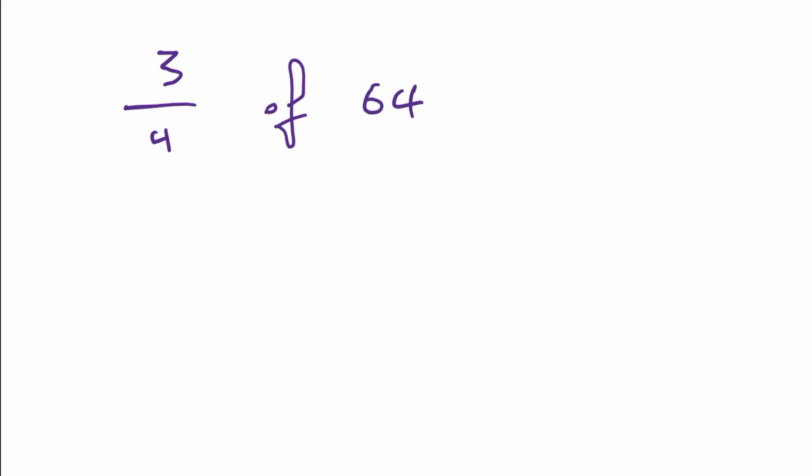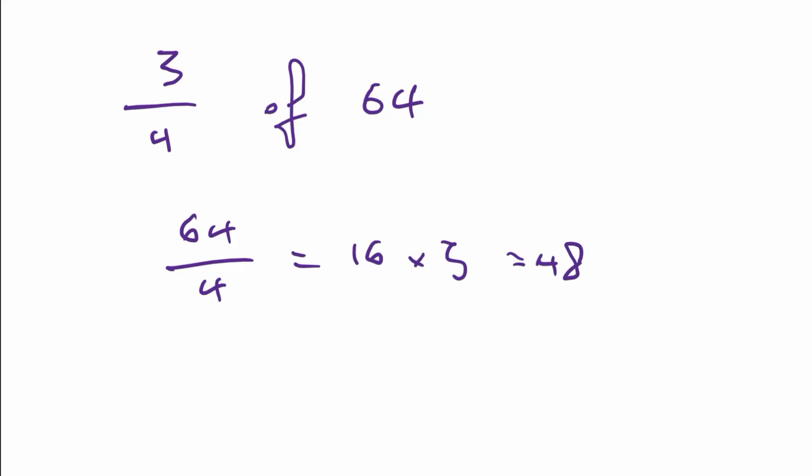Okay, so there are 2 parts to this, the part with the 3 and the part with the 4. Let's do the part with the 4 first. We can divide by 4. So let's do that. 64 divided by 4, well, that equals 16. And then, of course, we have to do the times 3 part as well. So times 3, and 16 times 3 is 48. And that's our final answer.